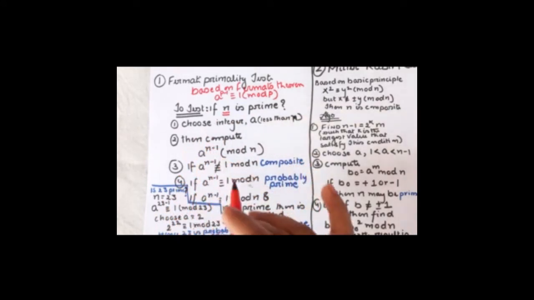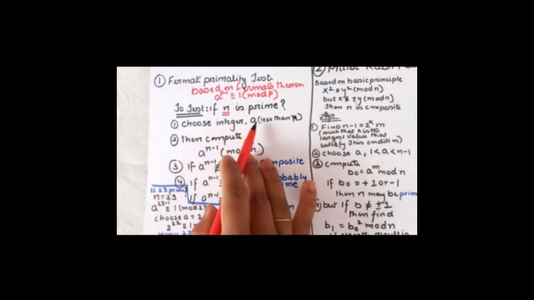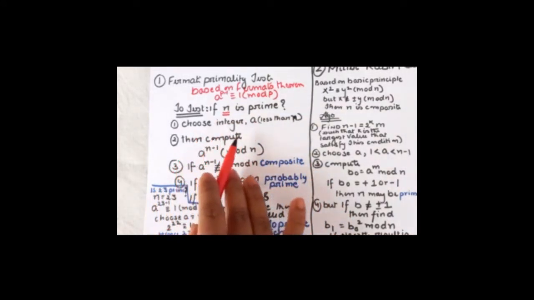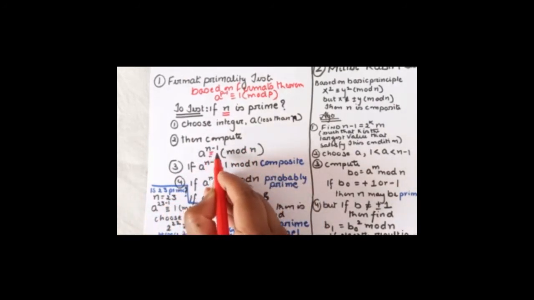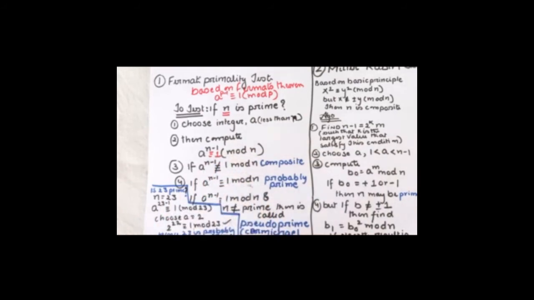Moving ahead, after choosing a, you will compute a to the power n minus 1 mod n. Let me make it more specific. You will be computing this.